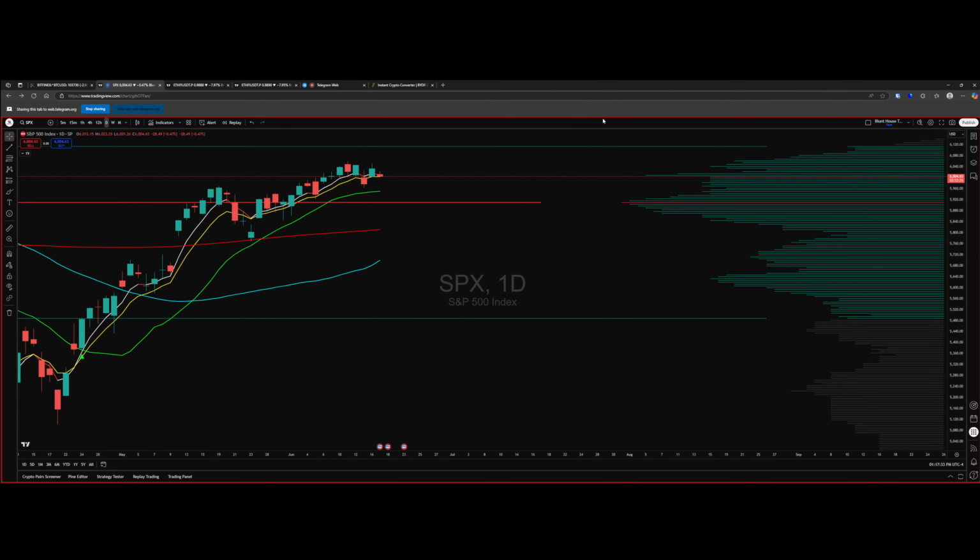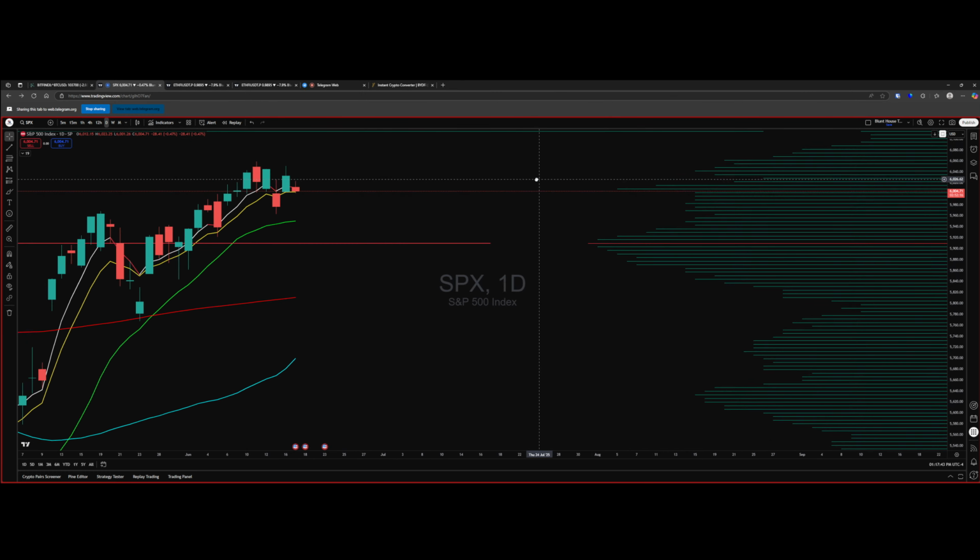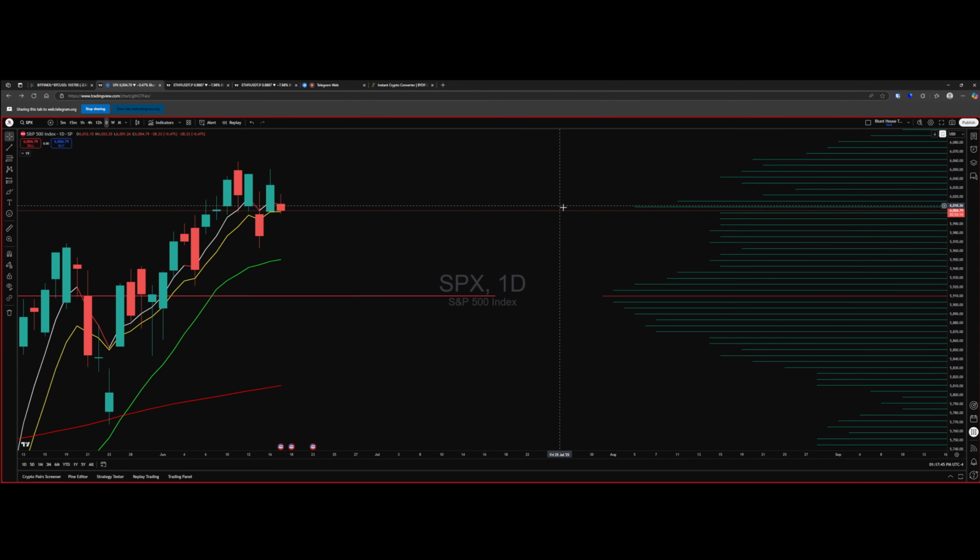So ultimately, when the S&P 500 on this daily chart does start to pull back, what has to happen and where will price go? Well, I'm just blowing this up a bit more. So here's price sitting on the T line, which is essentially the shelf. Underneath the shelf, you have a volume gap.